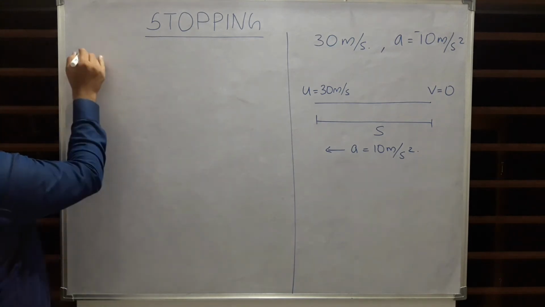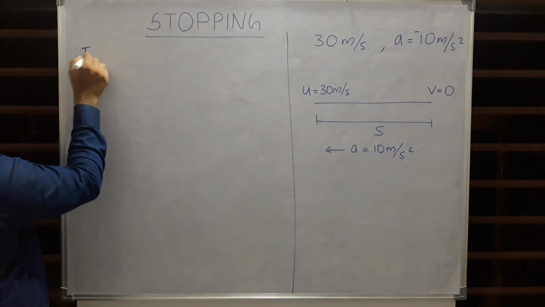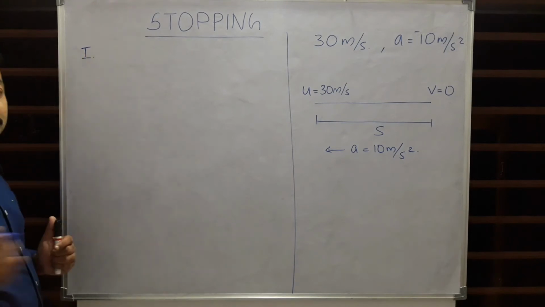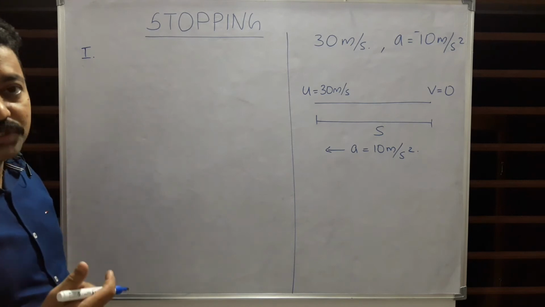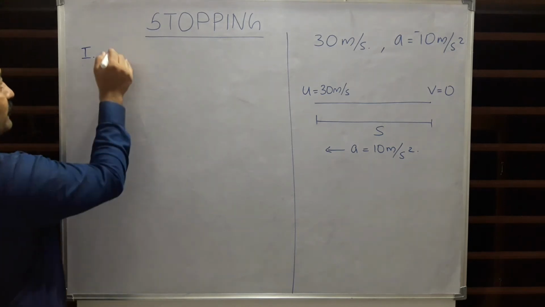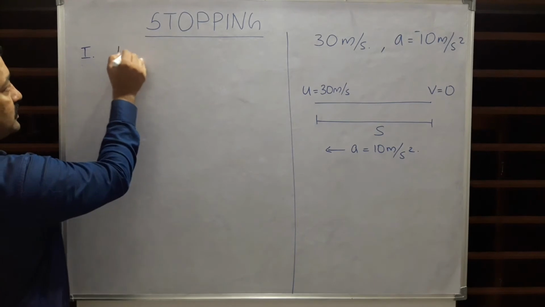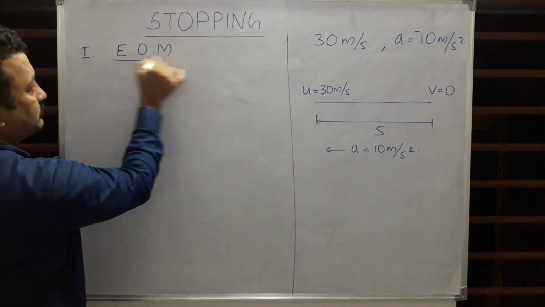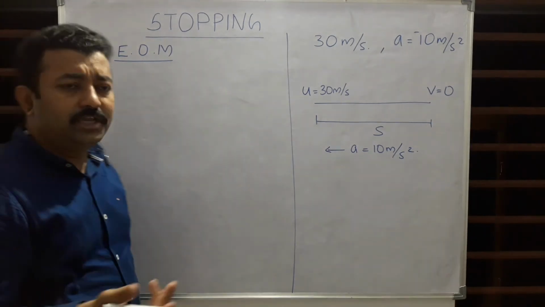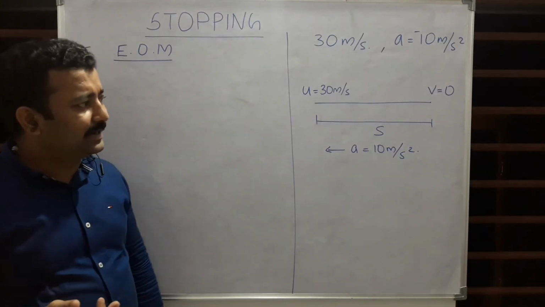The first way of solving the problem is just by using one of the equations of motion that we know. So the first method of finding out stopping distance is using equations of motion. We have three equations of motion, and look at the board.